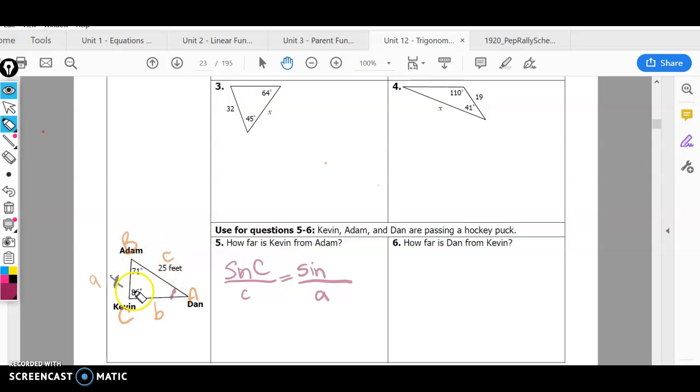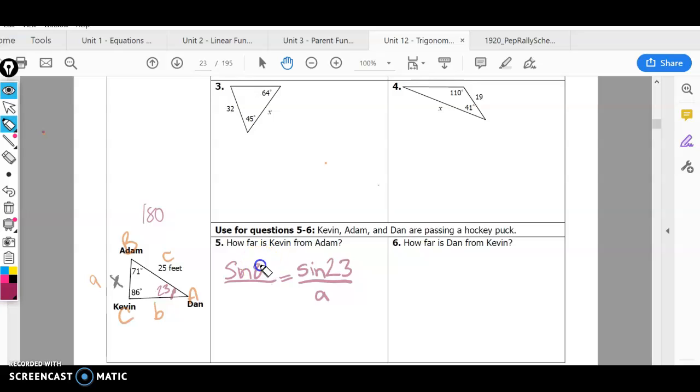Since we know in a triangle that all the angles add up to 180, we can use subtraction and addition to find our missing angle. That makes angle A 23. And we set up our proportion. Let's just fill in what capital C and lowercase c are.